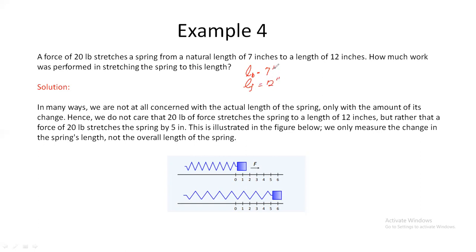So if this is the original and this is the final, then the disturbed length is 5 inches. So it's the X that you are interested in, not the natural length, but the X, the change in the length of the spring. You just subtract from the stretched length the original undisturbed length of the spring.